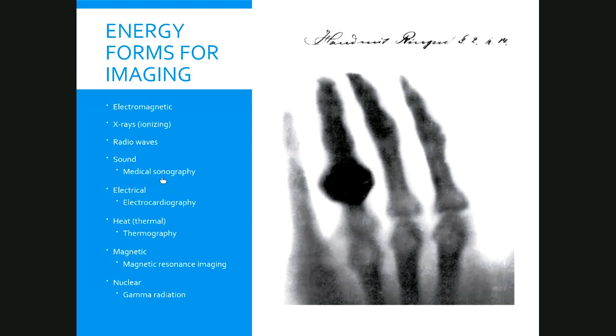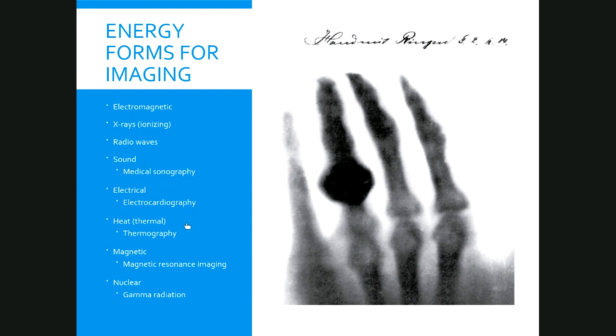They use the sound waves to bounce off matter and to give an image. With electrical, we use electrocardiography, or EKGs or ECGs, when they look at the electrical activity of the heart. You can also use that with electroencephalography, where we image the electrical activity of the brain. And again, this is all found on page 3.